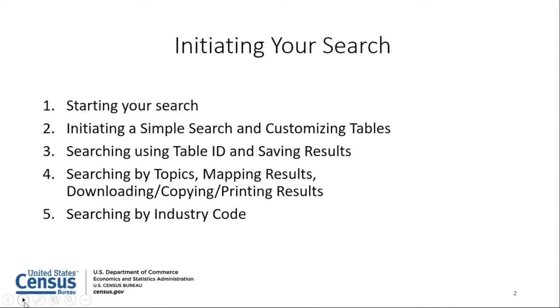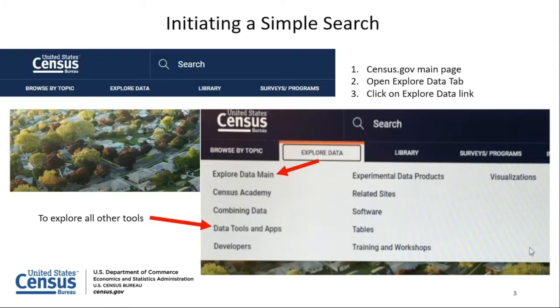So when we come into the tool, we are coming in through our main splash page, which is www.census.gov. And across the top, there are several navigational tabs. The one that you want to go to is the second one from the left, that is Explore Data.